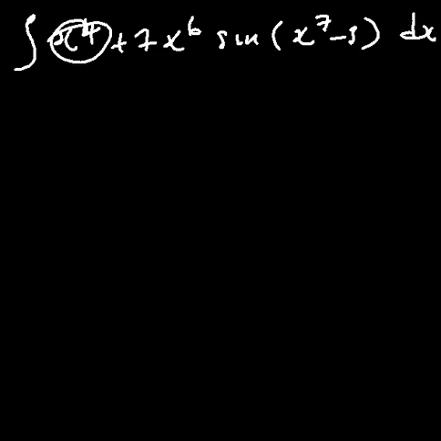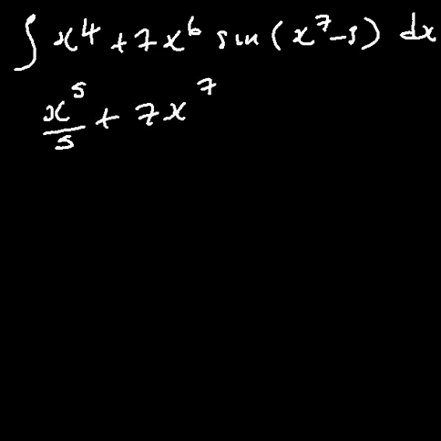In this case, the integral of this one will be the same as x to the power 5 over 5, plus 7x to the power 7 over 7.